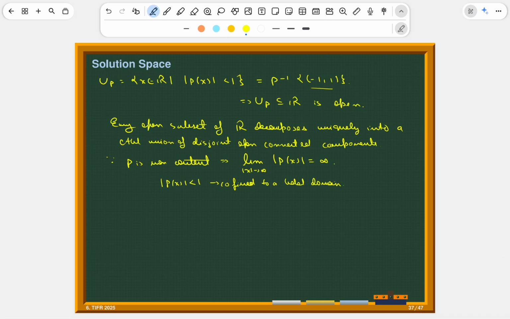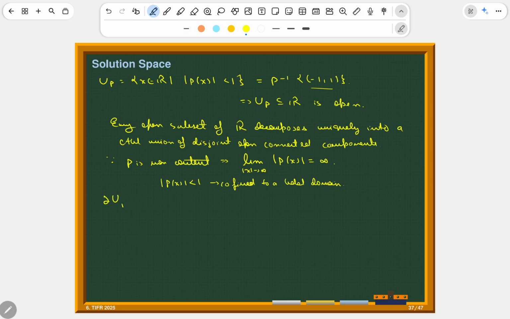Now what next can I say? What should be the topological boundary of UP? So at the boundary of UP, you should be able to get all those particular real numbers at which modulus of P of x is exactly 1.